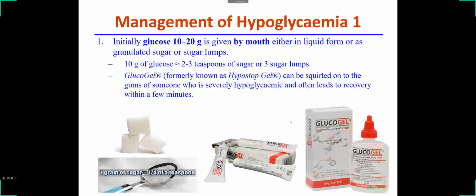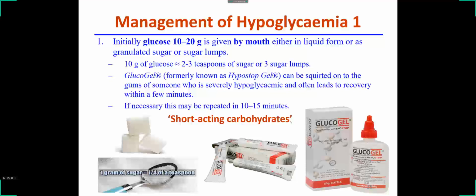You can also give a purified glucose version, a fast-acting dextrose gel, which can be squirted onto the gums of someone who, for example, has trouble swallowing, when you're not able to get a spoon or a lump of sugar in them. The bottom line is you want very short-acting carbohydrates that will have an immediate effect on the patient.